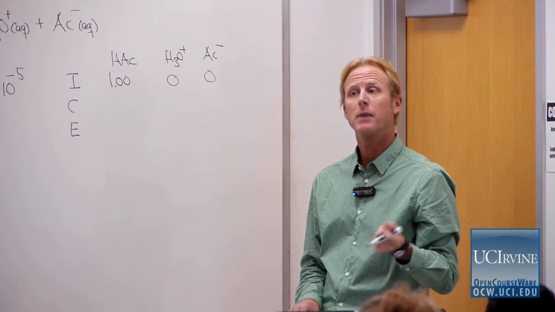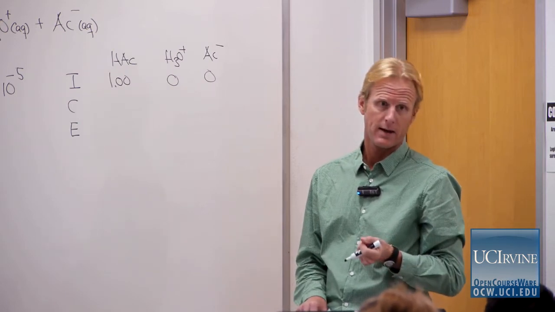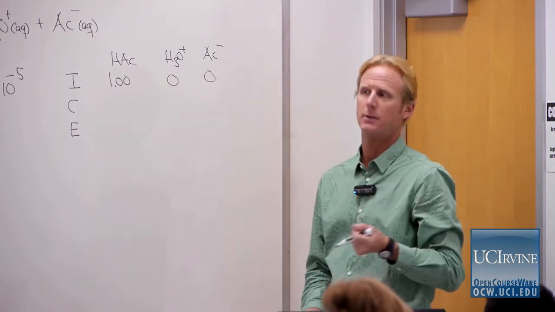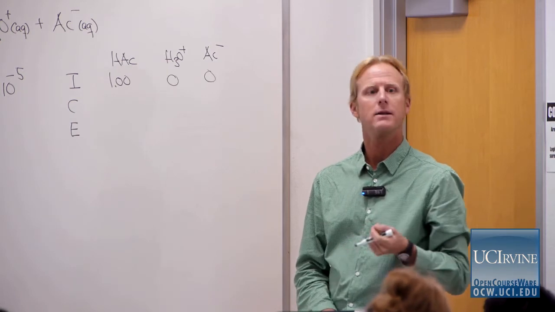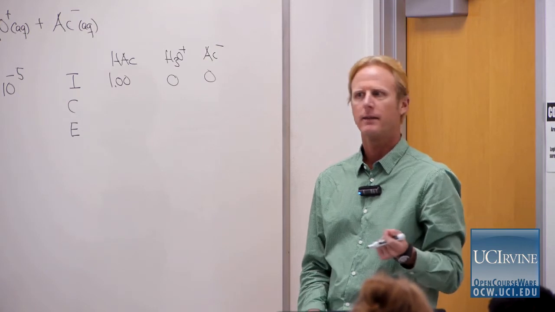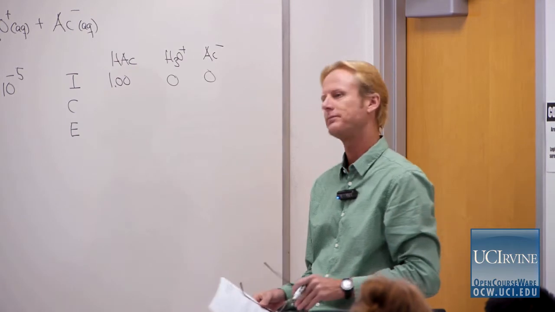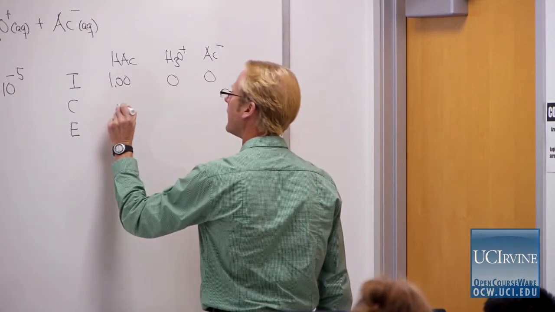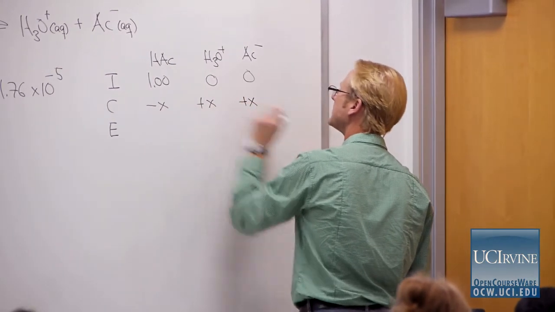And that is 10 to the minus 7 molar at room temperature. So when I write down 0 here, to make life easy, I'm assuming that that's going to be negligible. Now, in a little while, we'll see what we can do when that's not negligible. But certainly in G-Chem, we assume that. And for the problems you're asked to solve in G-Chem, that's usually a safe assumption. Okay? All right. So then we can say minus x, plus x, and plus x.